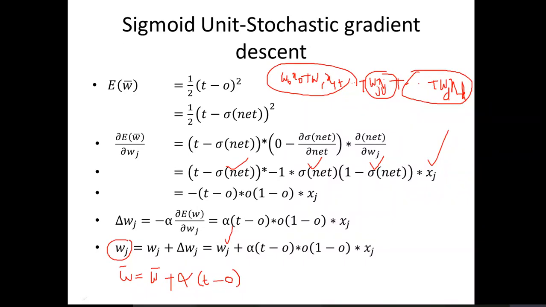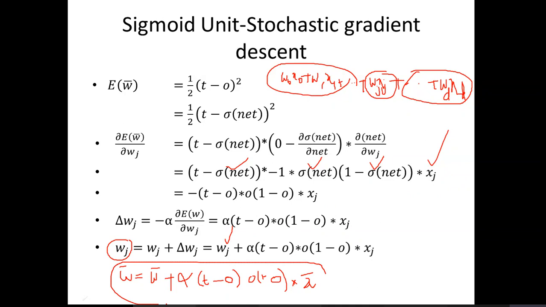Because each sample is input, this is stochastic gradient descent. So for every input sample, there will be a scalar T value and a scalar O value. This is a scalar, this is a scalar, this is a scalar, O into (1 minus O). This is a scalar multiplied by x bar.